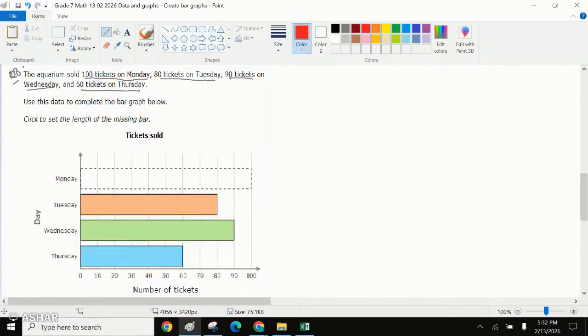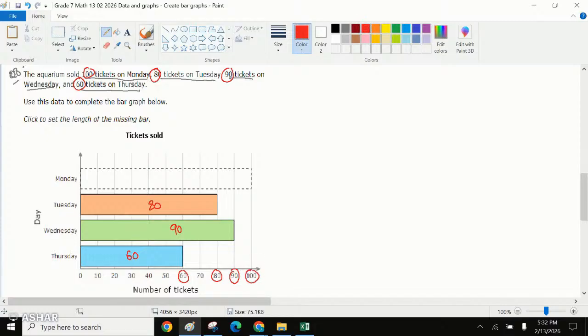They sold how many on Thursday? 60. How many on Wednesday? We can see over from here also that is 90, right? The horizontal bars we are using this time. It does not make any difference because there is a single quantity also, right? And these were 80 and this was 100.